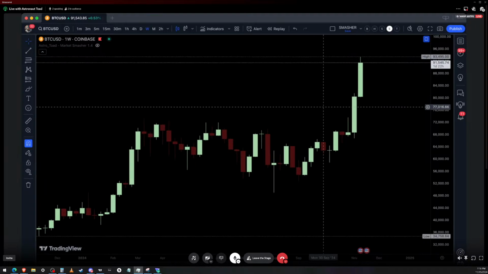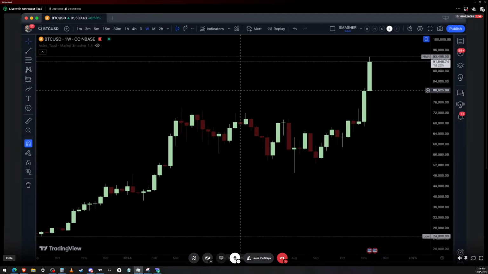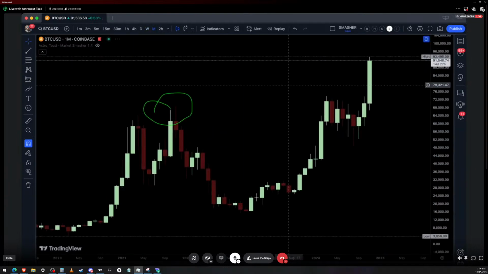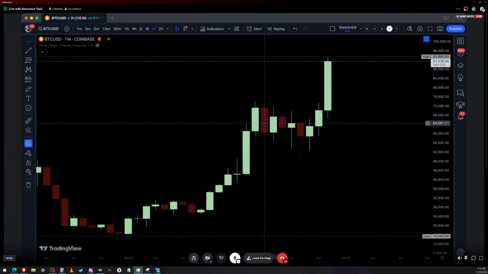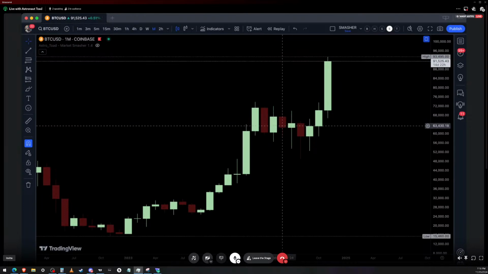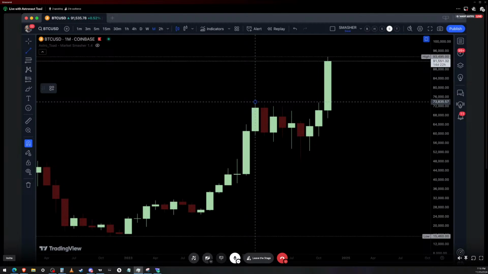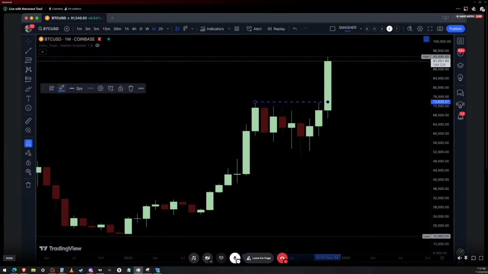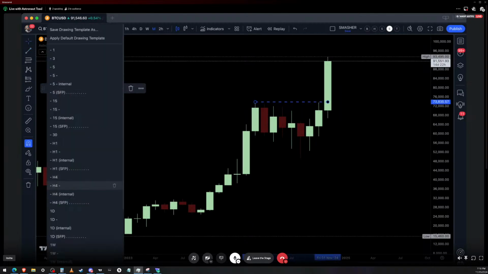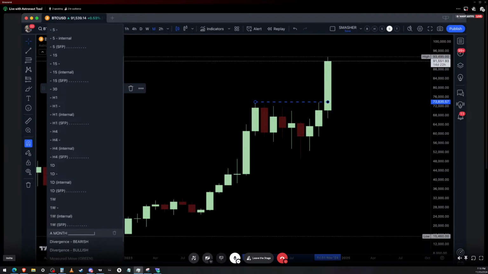Now we're going to get to market structure here, because this is the first chart. If I go back to the monthly chart, look at these candles. All I've got is a red candle, a green candle, a red candle, a green candle. There's nothing really going on here, except I've got this high, and I have a lot of presets that I like to mark stuff with.